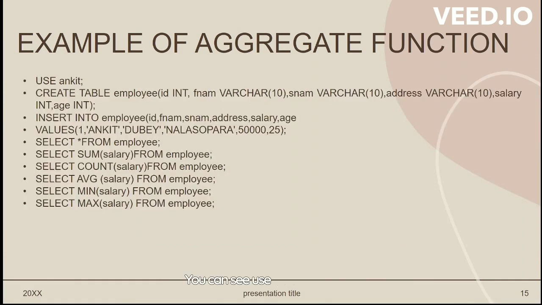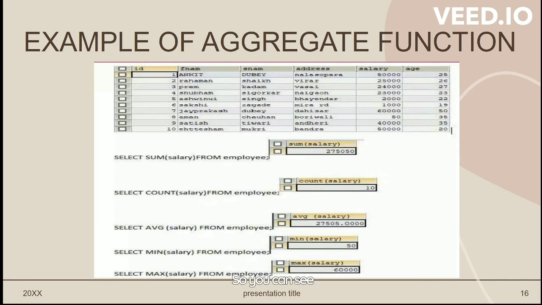You can see we use angkit, create a table, insert the following employee values, select from employees, select sum, select count, select average, select minimum, and select max. In the next slide, we can see the output of the functions. This is the result. We select the sum of salary and select the count of salary from employee.